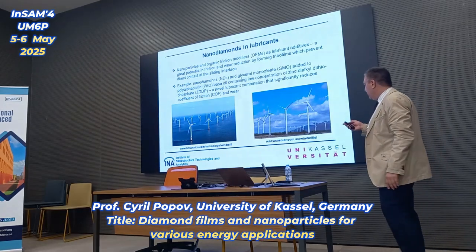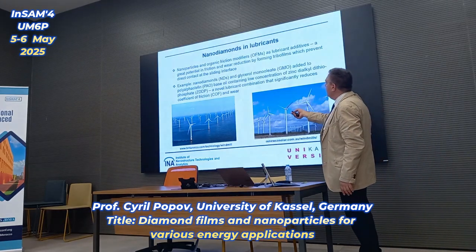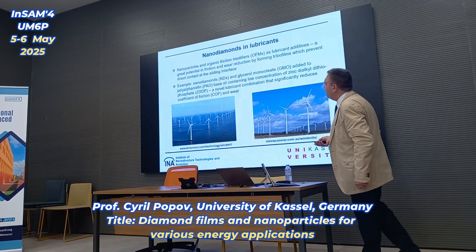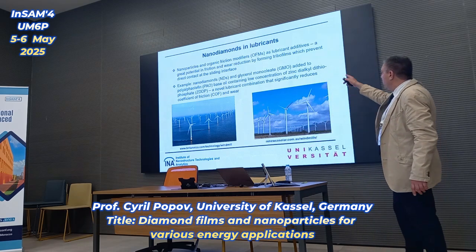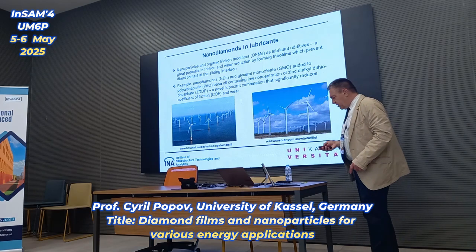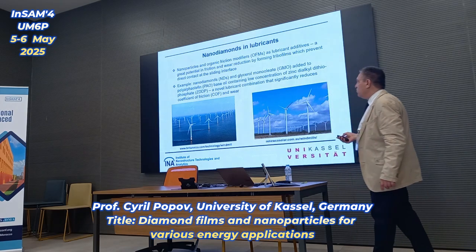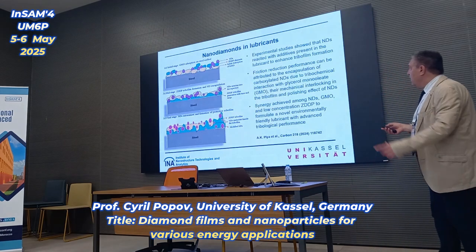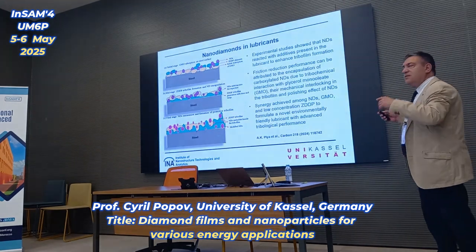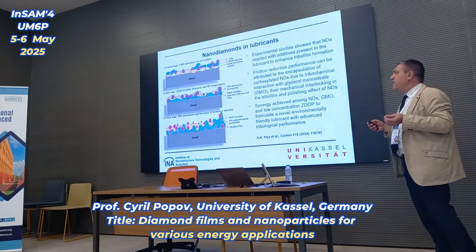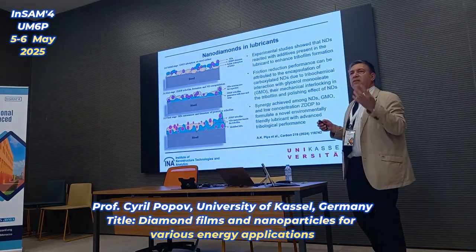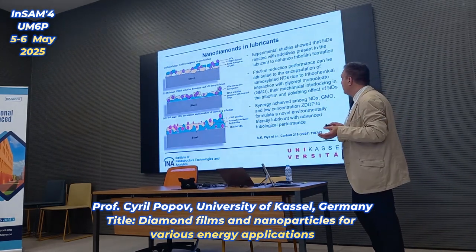So we have here additives in the main oil. This is polyalphaolefin oil. We have also an additional additive. But let me say how it works without going into detail. Diamond grains, or nanoparticles, are modified on their surface. They start to interact with the other additive.